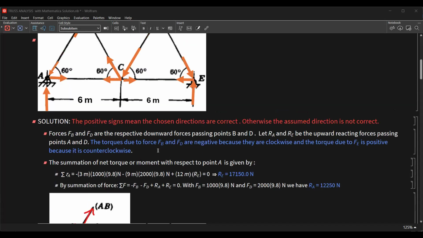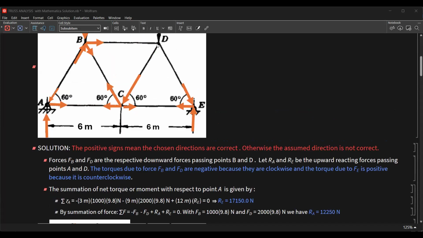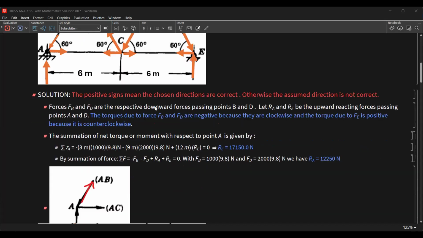that is clockwise direction. From point D we have the force downward, so it rotates around point A, and the sense of rotation is clockwise. Then times 12, 6 plus 6 equal to 12, times the corresponding force RE.